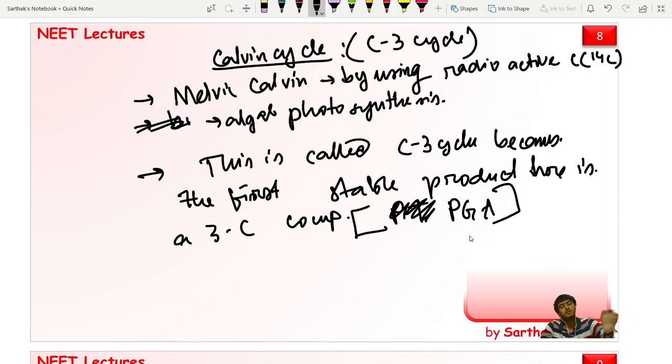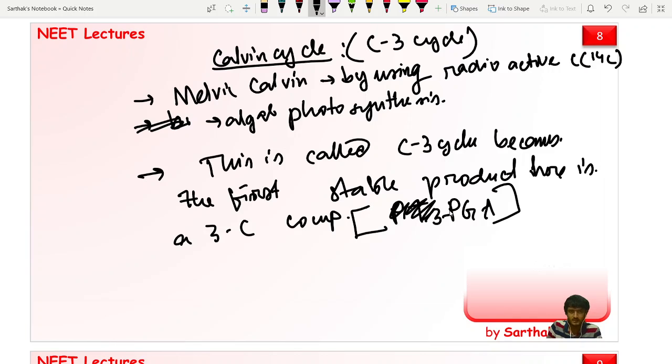Triose phosphate is formed later in photosynthesis; we will talk about it later. The first stable 3 carbon compound here is phosphoglyceric acid, or more precisely 3-phosphoglyceric acid.